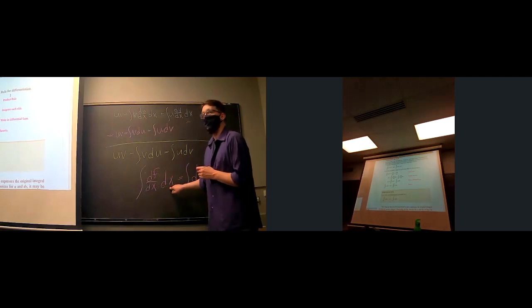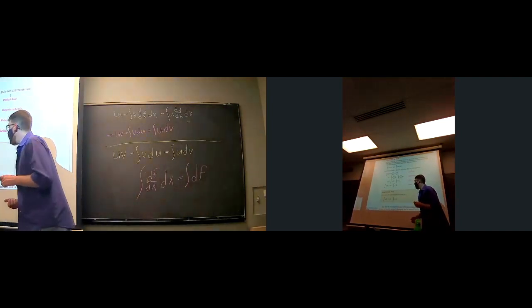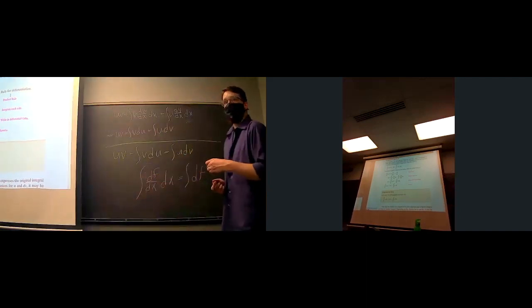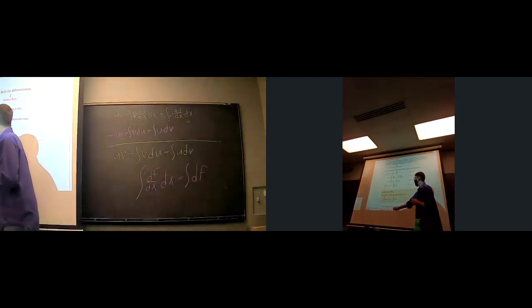Makes sense what I mean? So here, we've got v, we've got the derivative of u with respect to x dx. Then we have our other two parts.